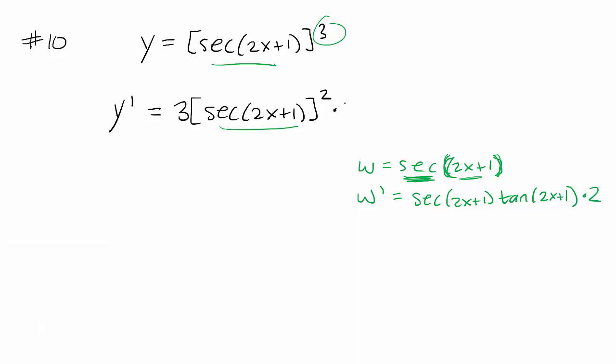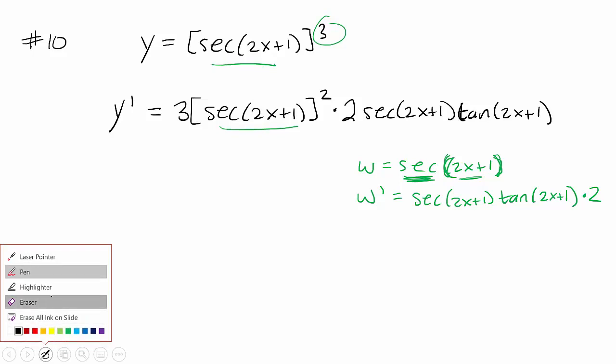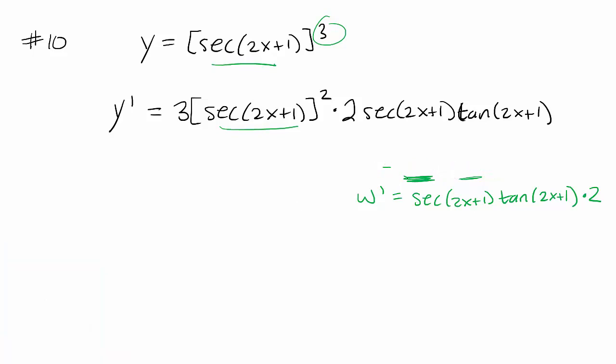All right, so that's going to have to all come over here. I'm going to write the 2 first. Secant of 2x plus 1, tangent of 2x plus 1. All right, so sometimes it might help if you do a little scratch work on the side. I'm going to erase this. Done with that. And then I'm going to rewrite this one more time.